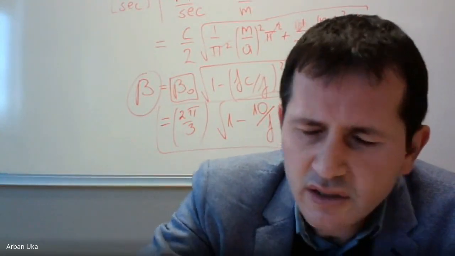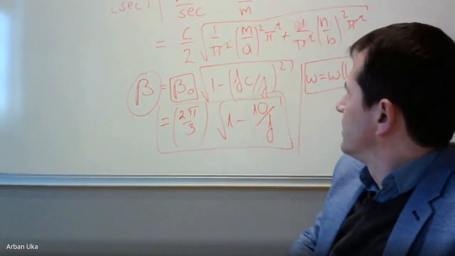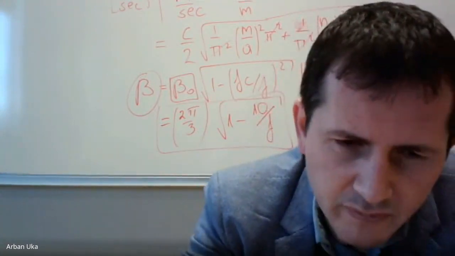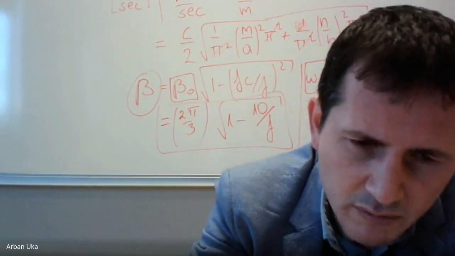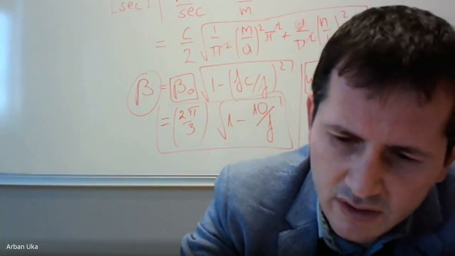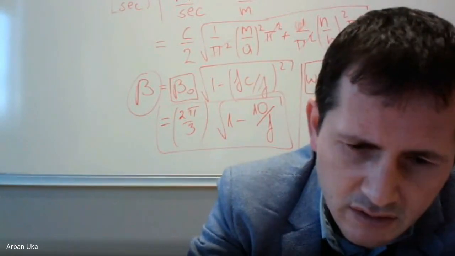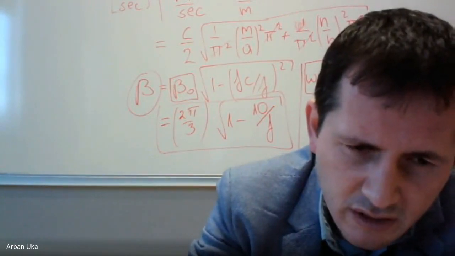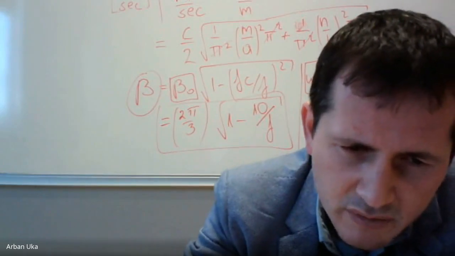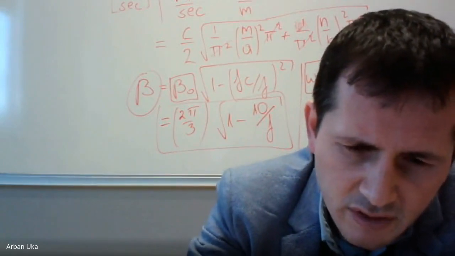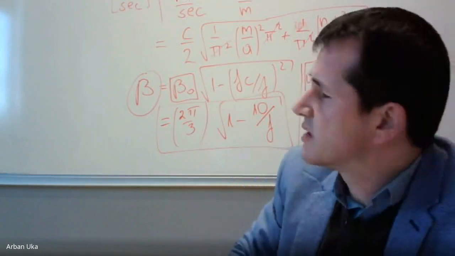So if this is x, then we say beta 0 is equal to 2 times pi divided by 3. Okay, how is pi here? Okay, apparently this is pi. So this is the beta 0.